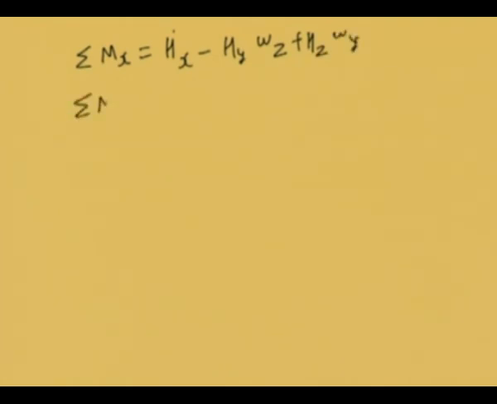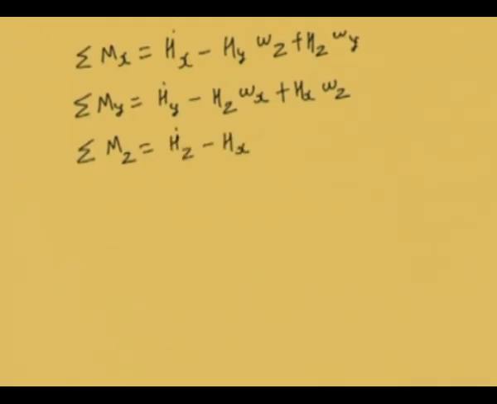Similarly, sigma My comes out to be H dot y minus Hz omega x plus Hx omega z, and sigma Mz is H dot z minus Hx omega y plus Hy omega x.